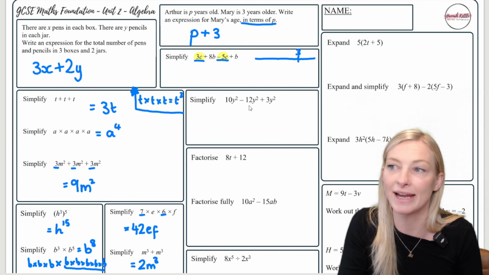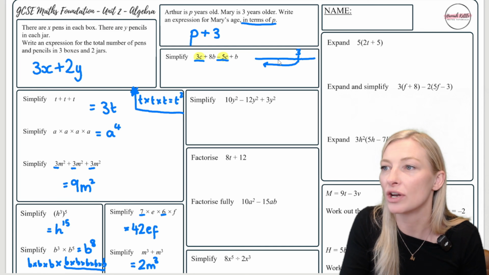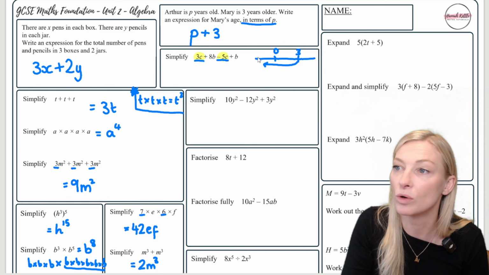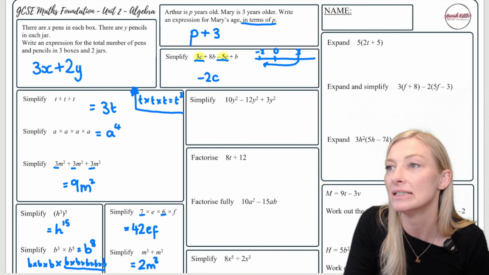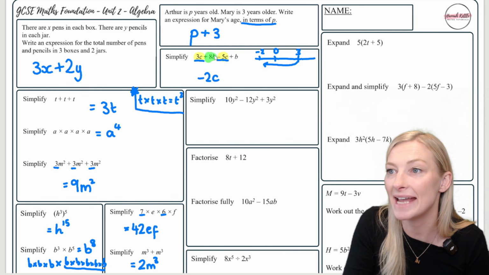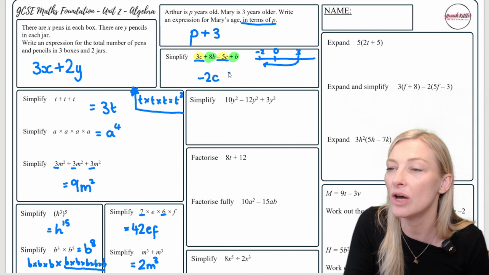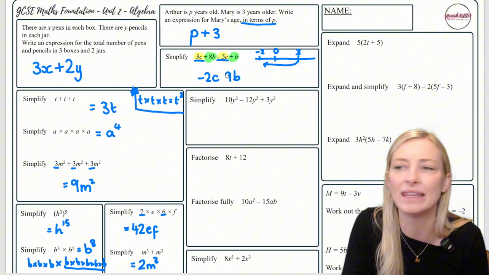If you are at 3 on the number line and you take away, you're going to go this way. You're going to go down past 0, 1, 2, 3 to get there, 2 more to go, so minus 2. So minus 2c is me collecting the c's together. And then I'm going to have to do 8b, add on 1 more b, and that brings me up to 9b. And then often students will say to me, but what symbol goes here in the middle?